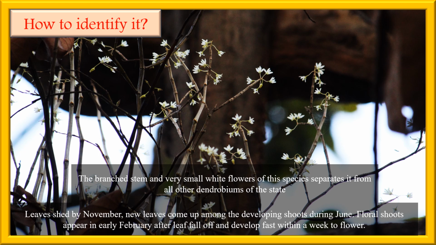Then how can you identify it? It has a branched stem and a very small white flower. This is one of the special characteristics of this orchid: this small flower is only seen in Dendrobium herbaceum. Other Dendrobium species do not have a small flower like this.